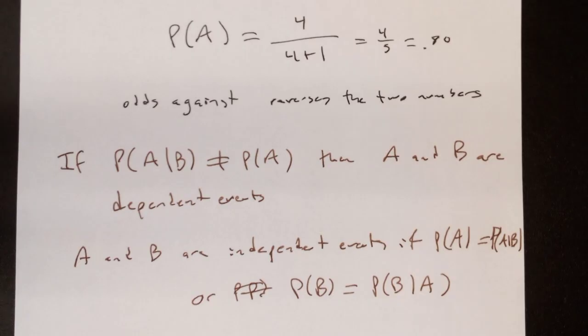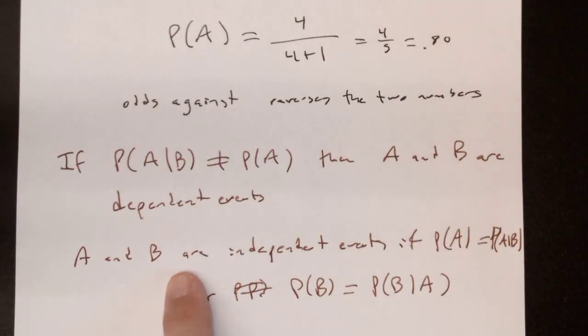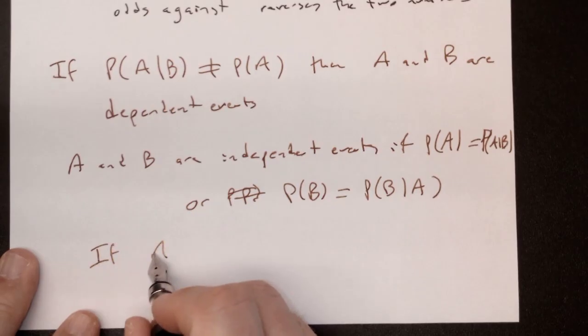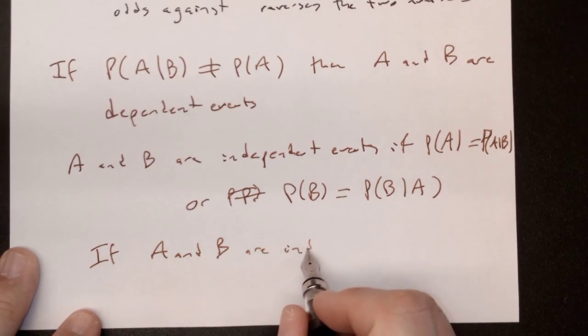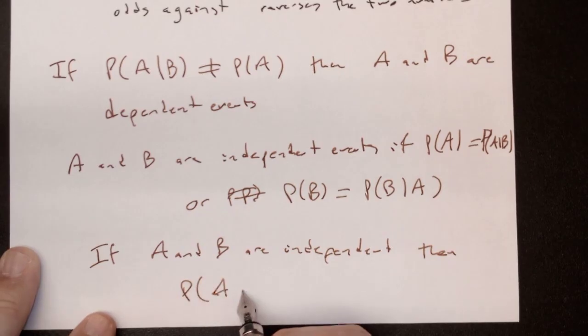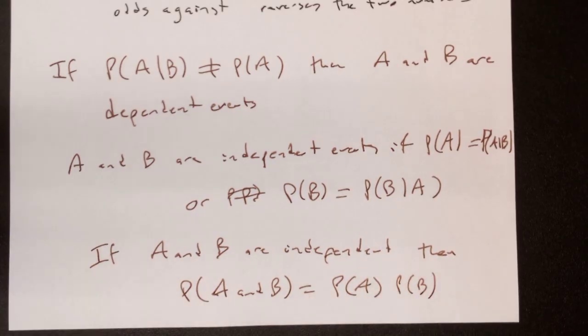Our multiplying formula said P of A and B is the conditional probability times B. But if my events are independent, P of A given B is the same as P of A. If I have independent events, then I can just multiply, because I can replace the A given B part with P of A.